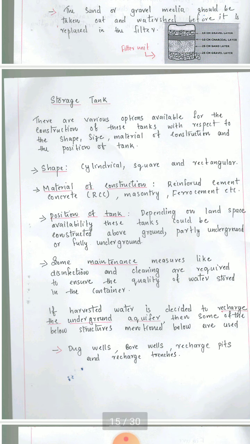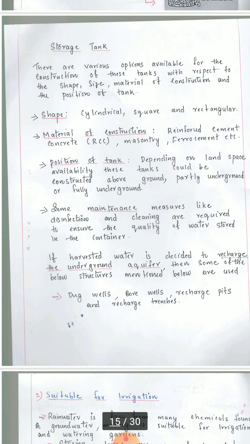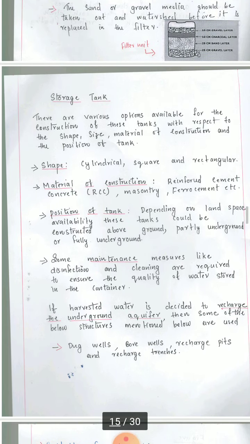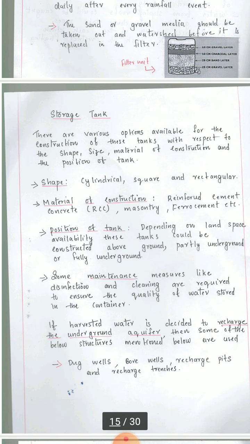Next comes the storage tank. There are various options available for the construction of these tanks with respect to the shape, size, material of construction and the position of the tank. This depends upon the availability of space. The storage tank can be of various sizes and shapes: cylindrical, square or rectangular.